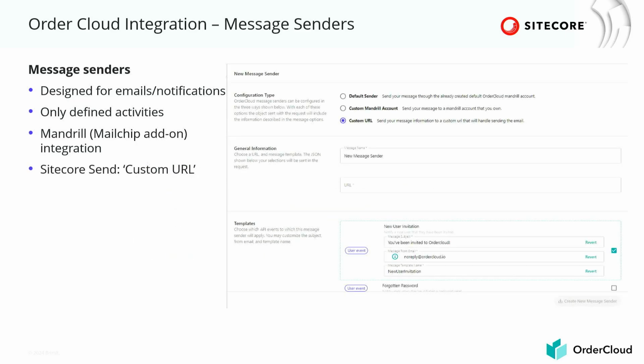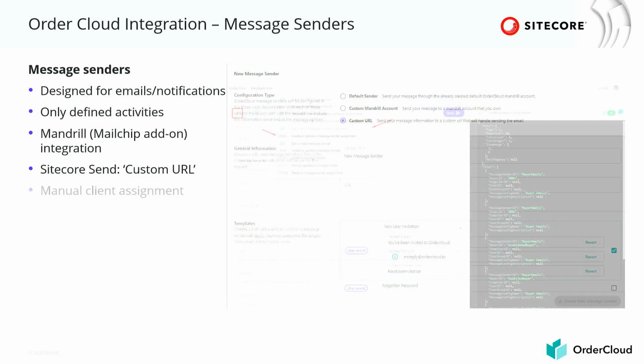For Sitecore Send, we need to implement a custom integration. So we can create our custom handler, which will be configured here in the message sender, and there we will handle the notification and somehow send the email.